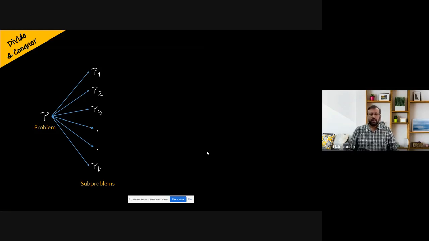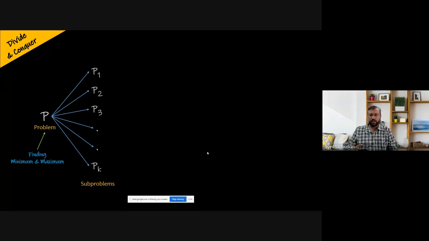Remember that when we say the problem is divided into sub-problems, the sub-problems also should be of the same nature or type. For example, if we have a large problem of finding the minimum and maximum from a collection of elements, then P is divided into P1, P2, P3, and these should be of the same type.